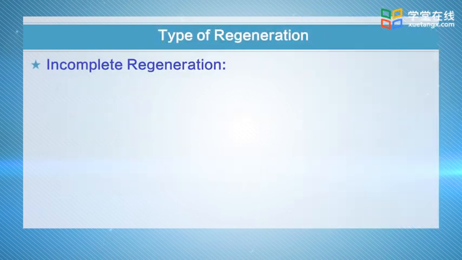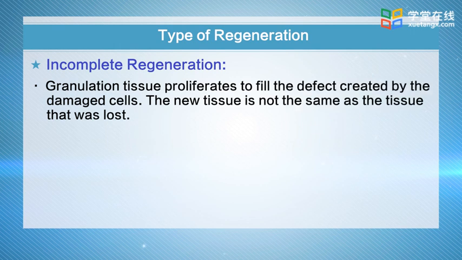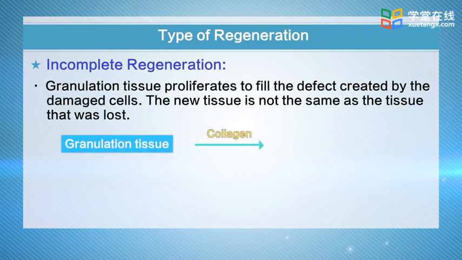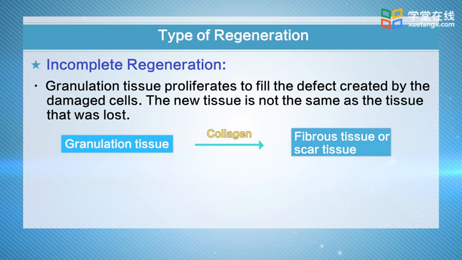Actually, we often see incomplete regeneration in pathologic situations. During this process, the defect becomes filled by ingrowth of a specialized vascular connective tissue, called granulation tissue. The granulation tissue produces collagen to gradually form a fibrous tissue or scar tissue.